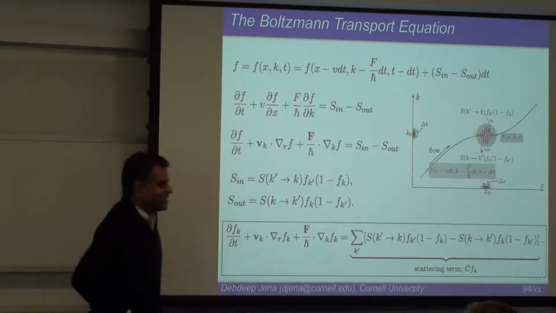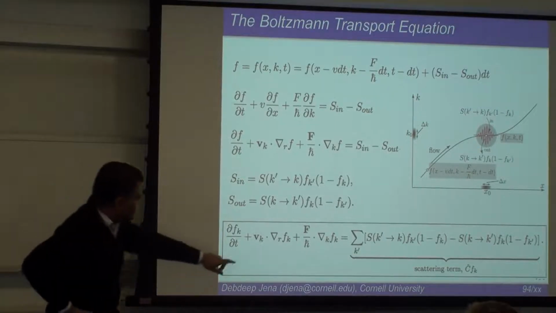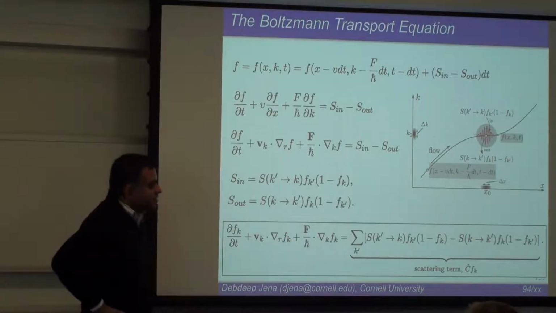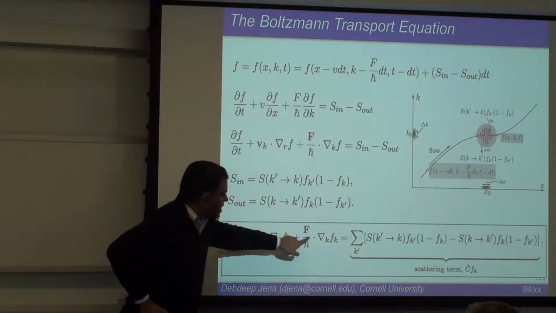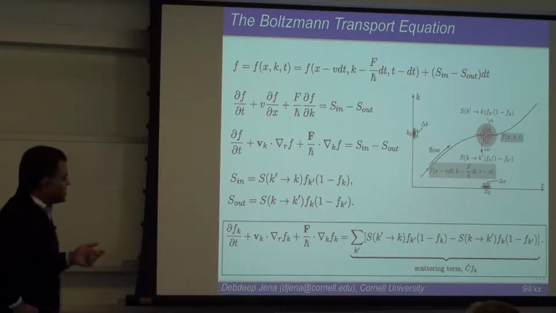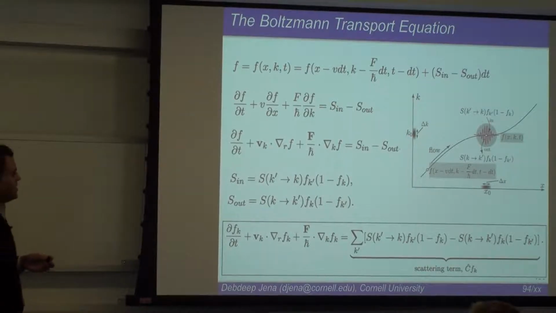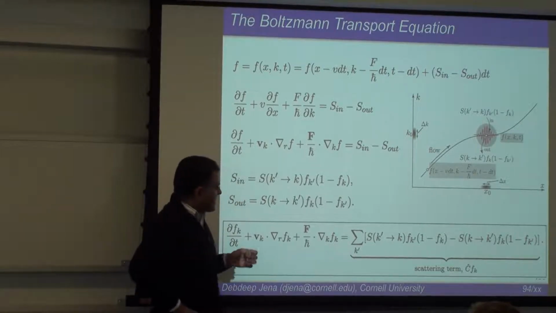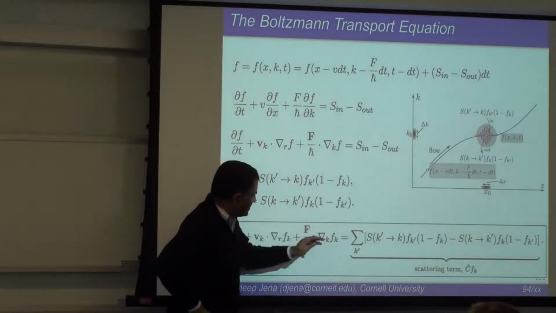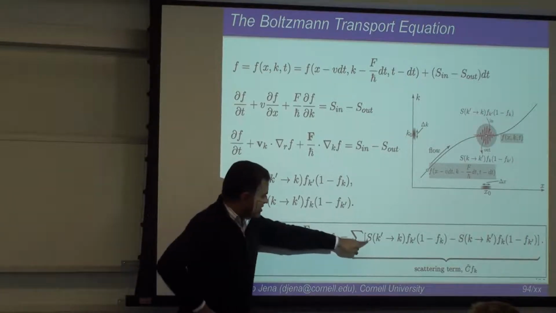There's a question. So F, that force you added, that's dependent on the perturbation, though, right? You mean this force? Here's the deal. The way we have formulated it here, if I apply an external electric field, that doesn't go here.